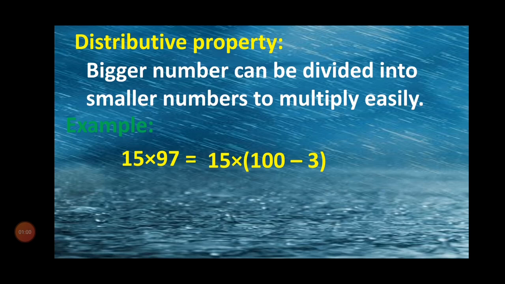So 15 into 100 minus 3. 100 minus 3 is equal to 97. So we are writing like that. Then it is easy for you to multiply. The next step: first we multiply 15, and inside the bracket we have two numbers, so we multiply the first number. So 15 into 100 you write. Then what sign is there?